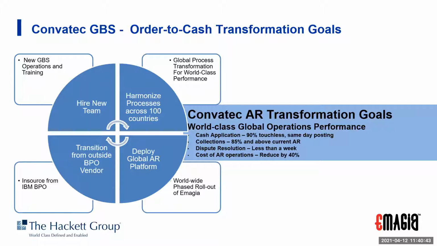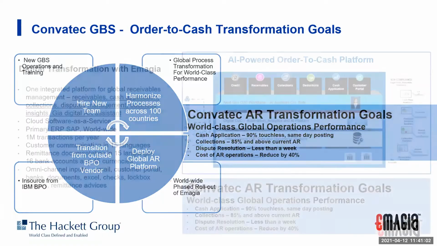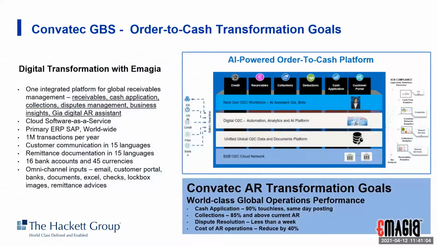And as you can see here, cash application was our top requirement, along with collections, dispute resolution, and also the cost of AR operations to be reduced by 40%. So these were our main goals while deciding on the transformation goals. Next slide, please, Brian.